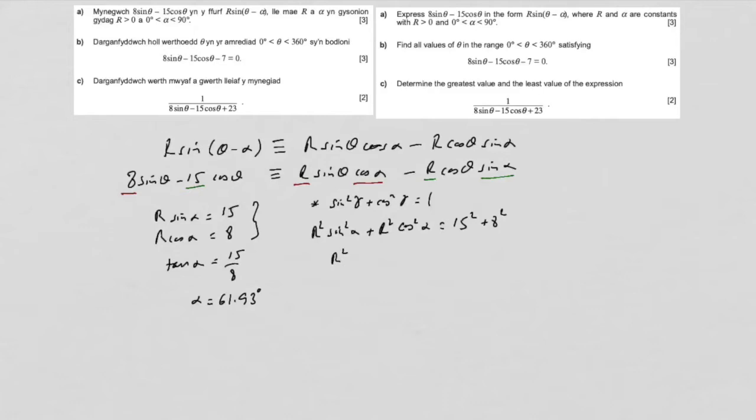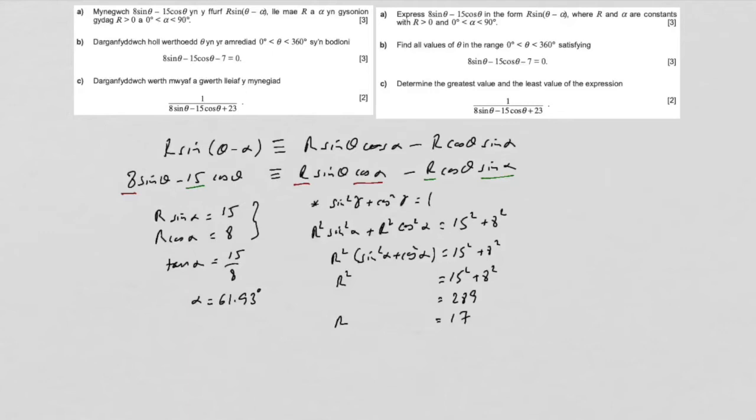That means r squared times (sine squared alpha plus cos squared alpha) is equal to 15 squared plus 8 squared. And because of the sine squared plus cos squared being 1, that leaves us with r squared equals 15 squared plus 8 squared, which is 289, and therefore r is equal to 17.